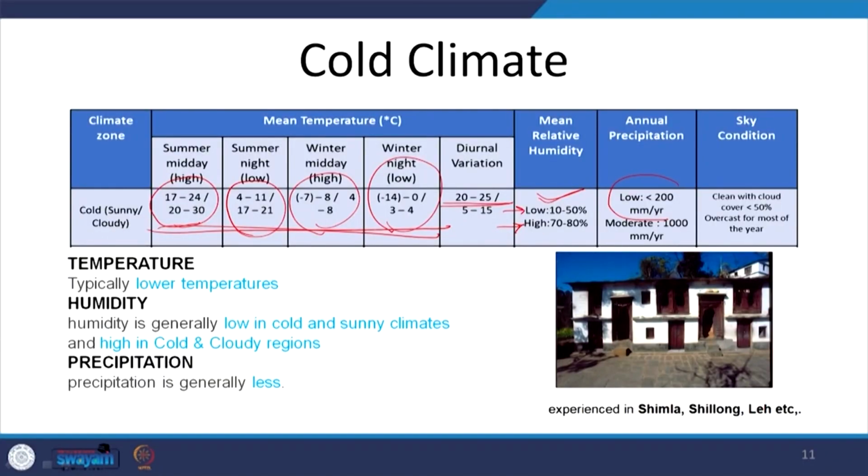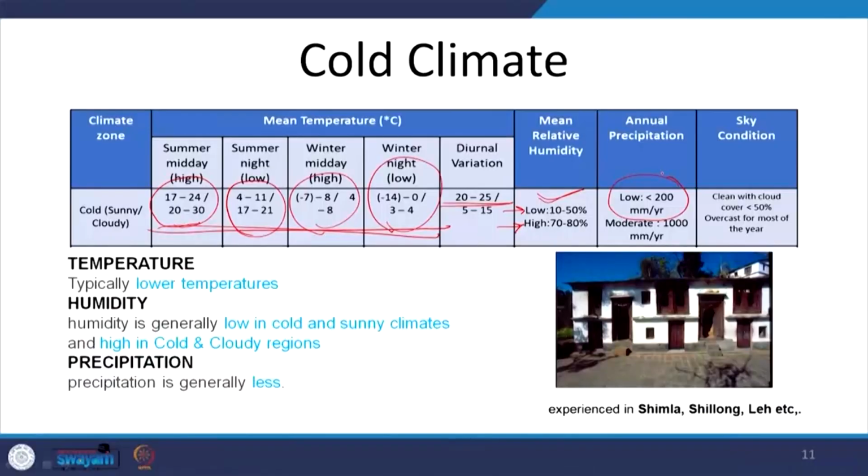So, these are two types of climates within cold that we are looking at when we are talking about cold climate in our country. The annual precipitation for cold dry is very low, less than 200 mm per year, which is the same as the hot dry. So, hot dry will have the same precipitation and humidity, while the temperatures go very high, and in cold they go very low.